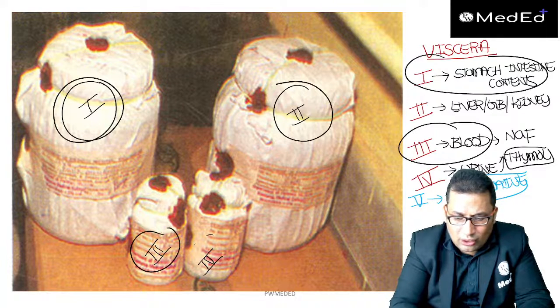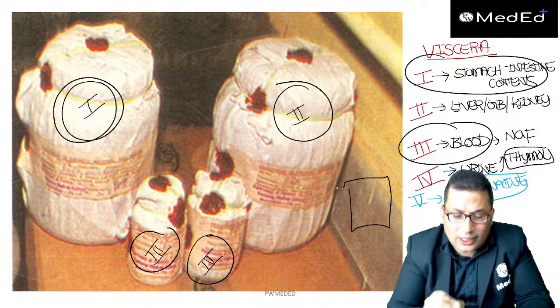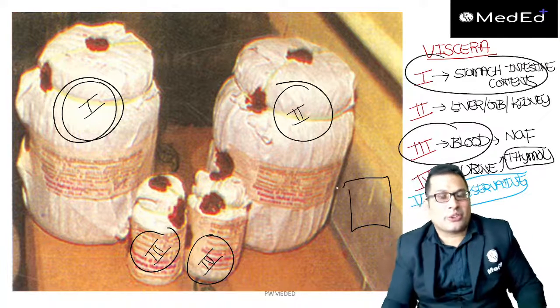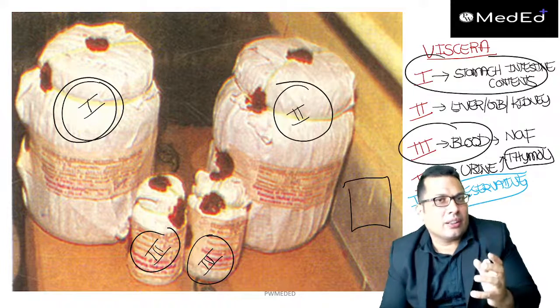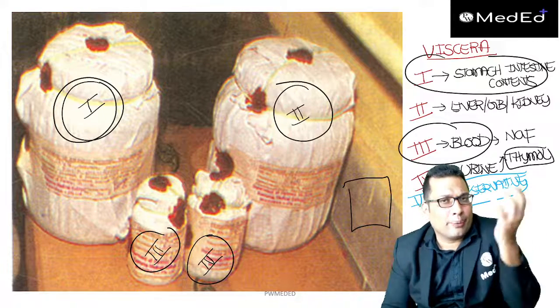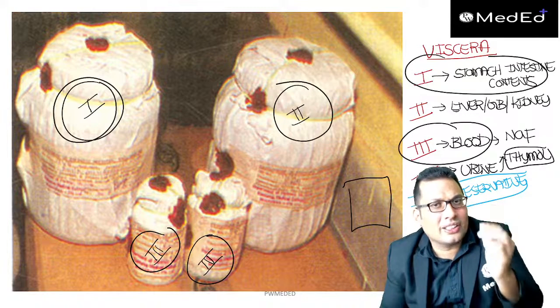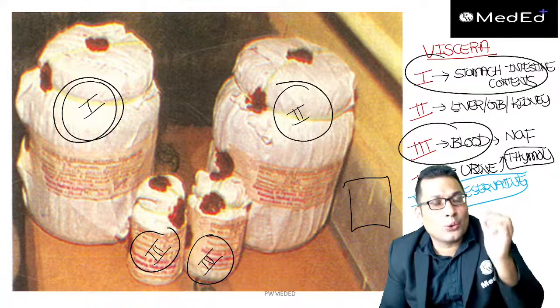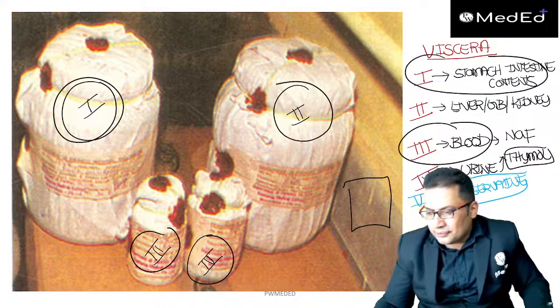Another holds blood and also urine. And one more container will contain the preservative used. There are 5 containers containing different viscera, including preservative, during a toxicology specimen. The most common reagent is saturated solution of sodium chloride. This you must know.